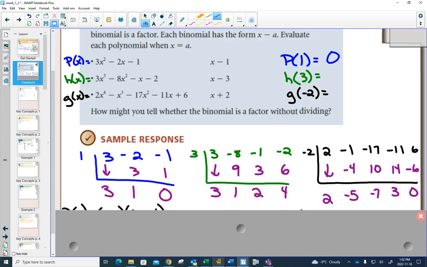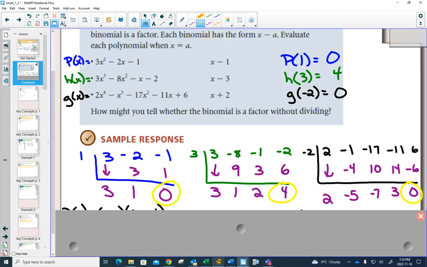Plug in 3 into the second equation. Did you get 4? And plug in negative 2 into the last equation. Did you get 0? What do they match up with? They match up with the remainder. Do you see that? Why does that work?